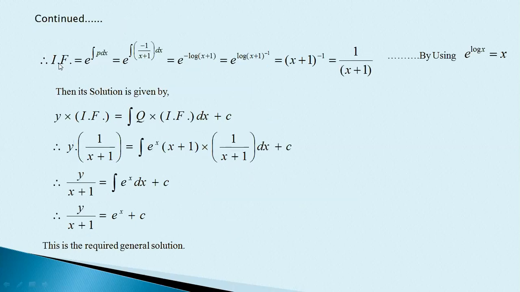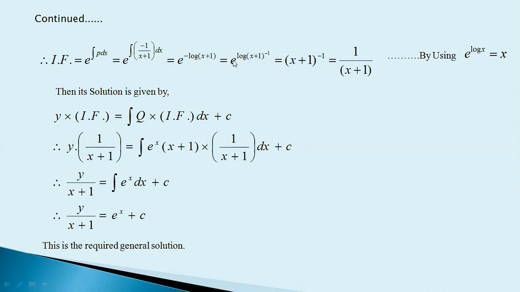Next, find out integrating factor. Formula is e raised to integration of p dx. Put the value of p, that is p is equal to minus 1 upon x plus 1 dx. Then e raised to, this minus sign as it is, and integration of 1 upon x plus 1 is equal to log of x plus 1.